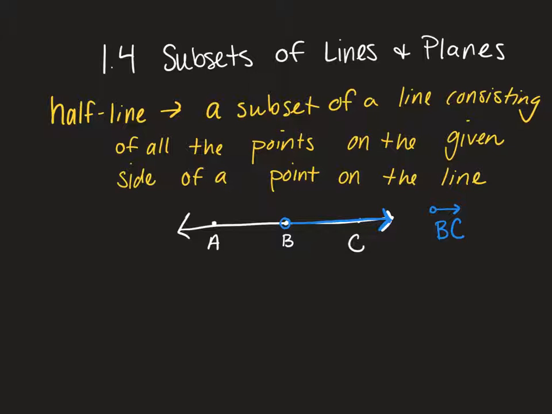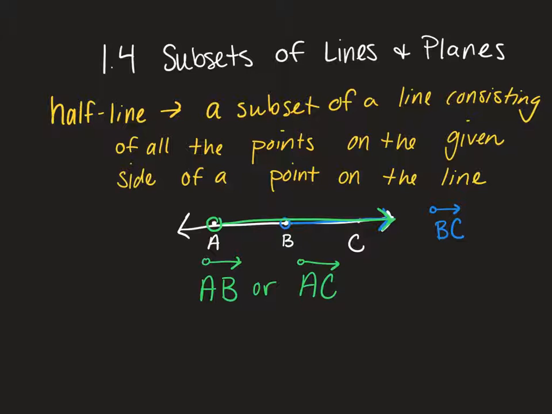So if we wanted to draw half line A, B, right? So that would be from A in the direction of B, but it extends infinitely in that other direction, right? We could also call that half line AB or AC, but it has to start with A because A is our starting point.